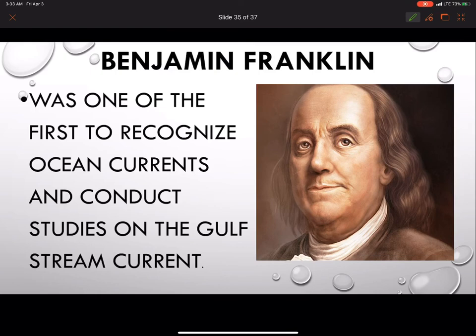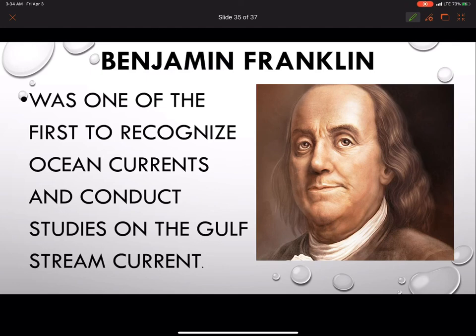And he had a brother, I believe, or a nephew, who was a sea captain, and he asked him about the direction and the currents out in the ocean.